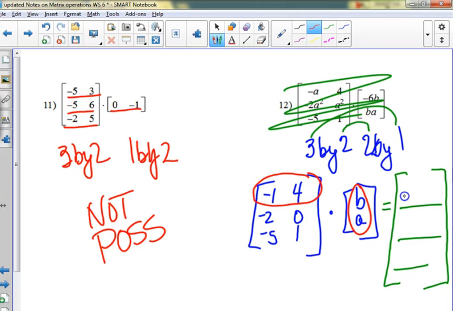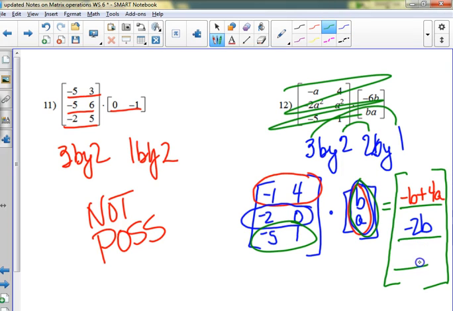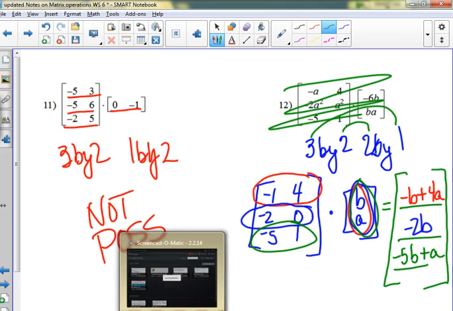I'd have what? -1b plus 4a. The second row, I'm switching down to here and multiplying that by this, which would give me -2b plus 0a, right? Last one, this row times this guy over here would be, all right, just a little more practice.